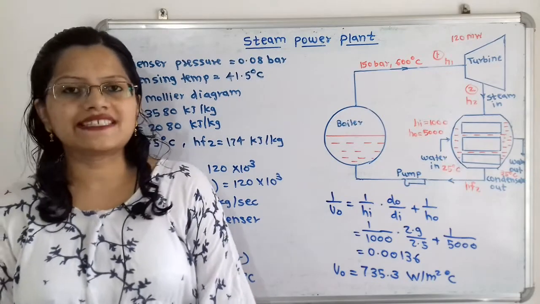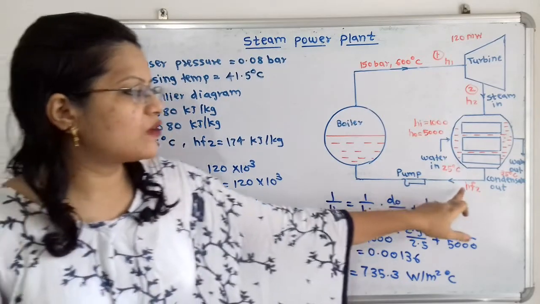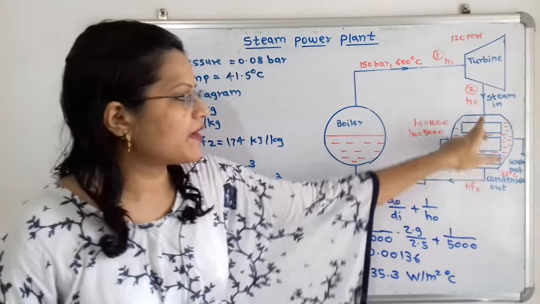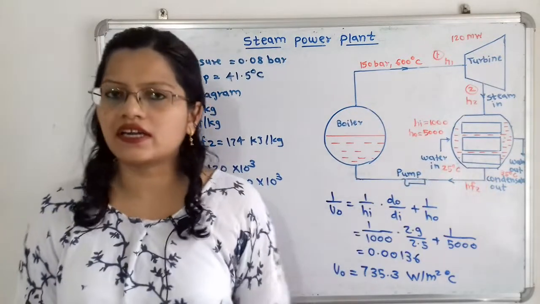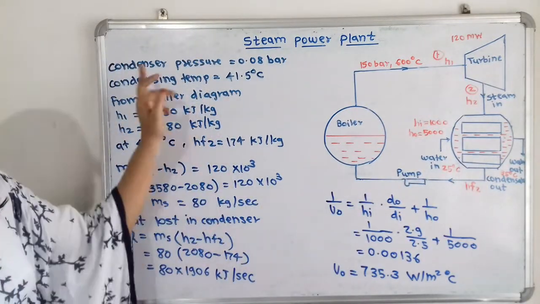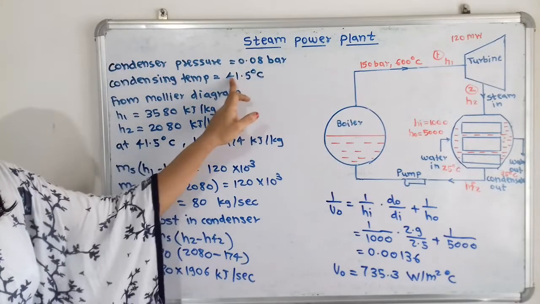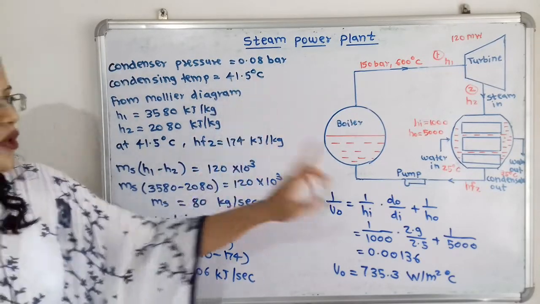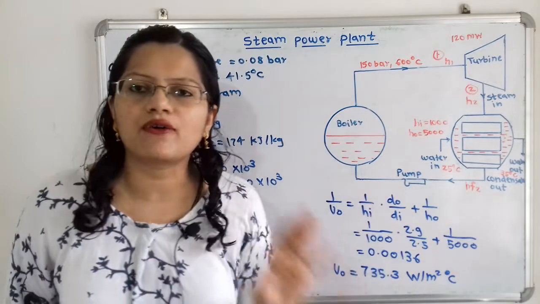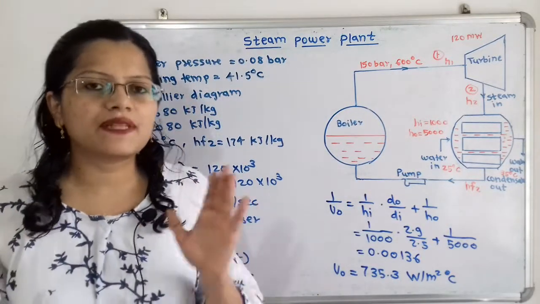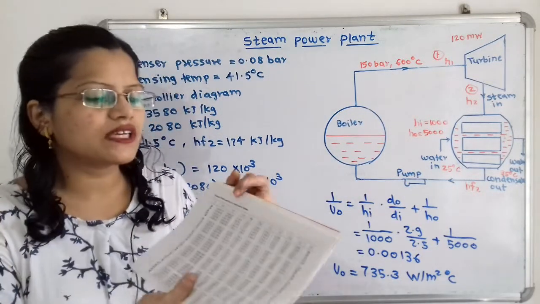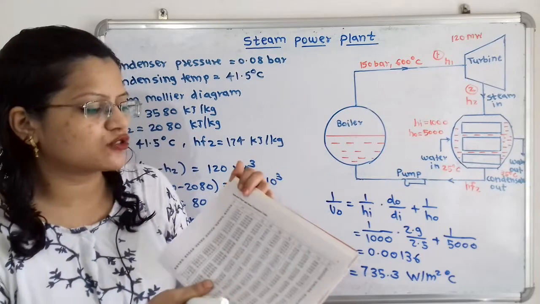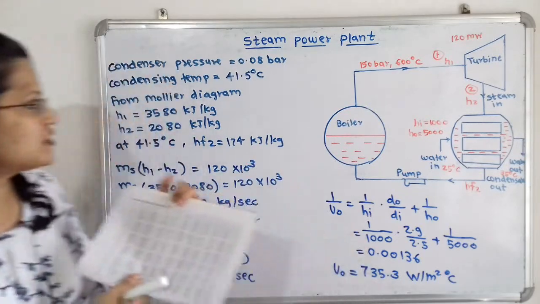Now by using the steam table we will find out the value of Hf2, that is the value at the outlet of the condenser. So here the temperature at 0.08 bar is given as 41.5 degrees Celsius. So at this temperature we will find out the value of Hf. So we have to use here the temperature table, that is the saturated water and steam temperature table.